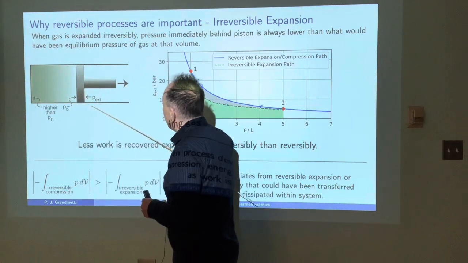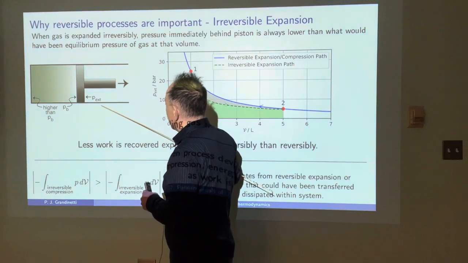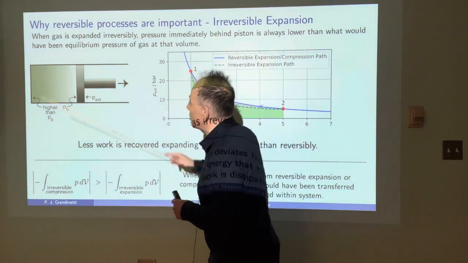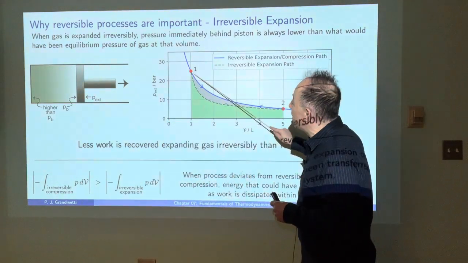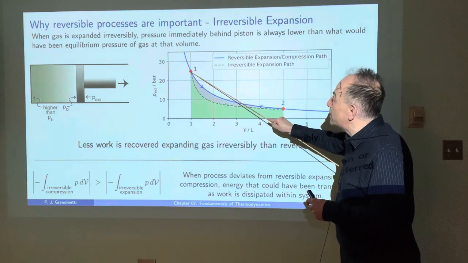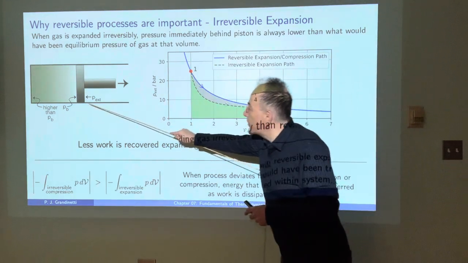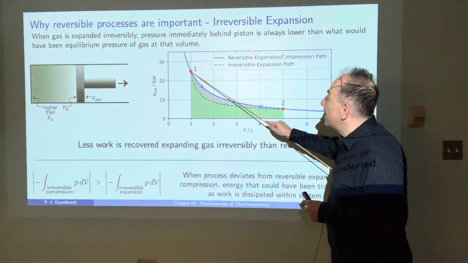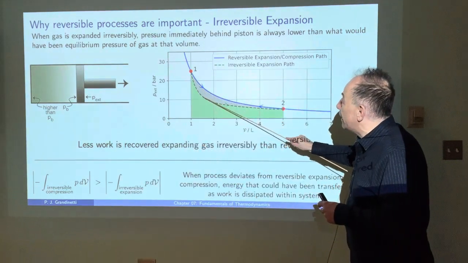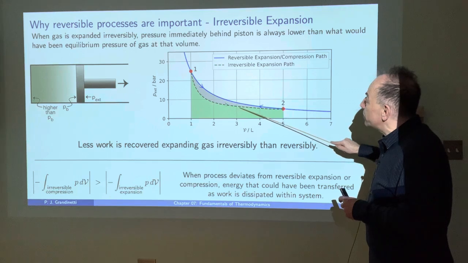So what's felt by the other side of the piston, P external, is going to be a lower pressure than the equilibrium pressure. So if I start out at 1 and I expand irreversibly, then the external pressure, which is feeling this PB, is going to be lower than what would have been the equilibrium pressure as we expand.